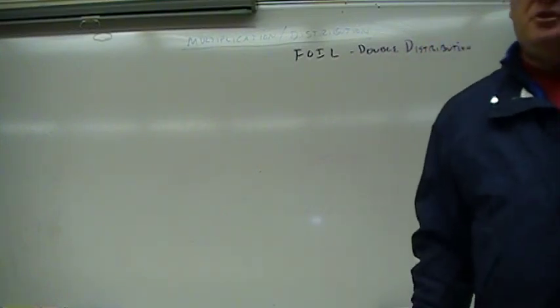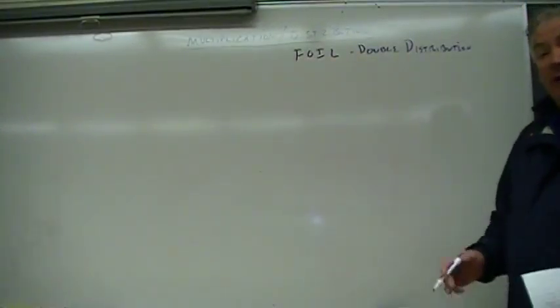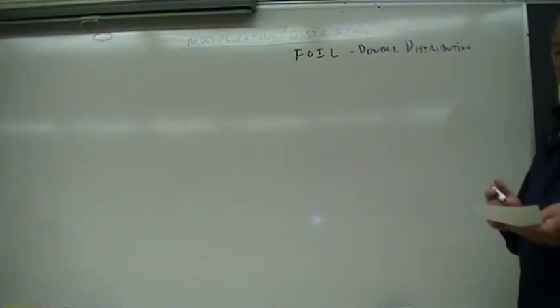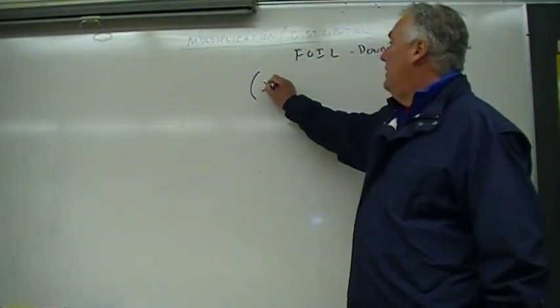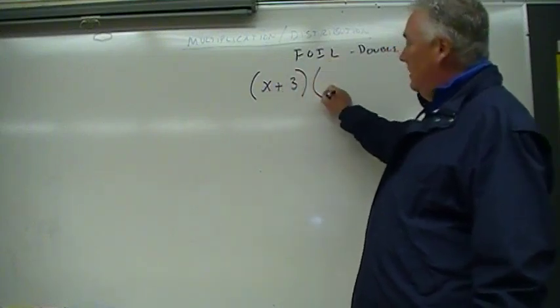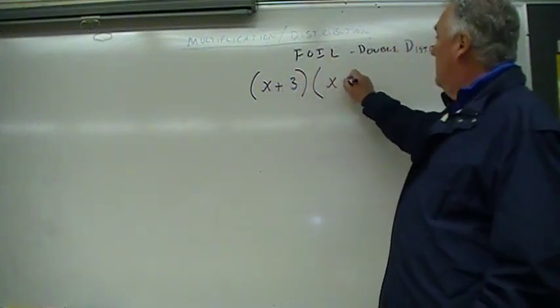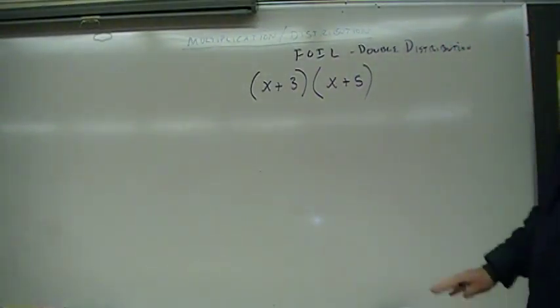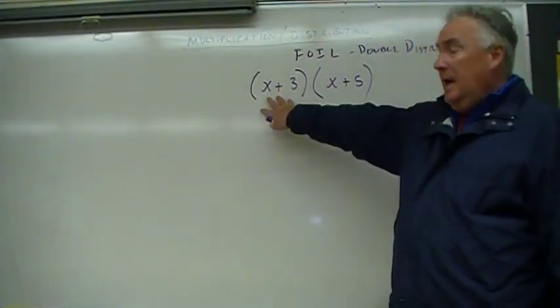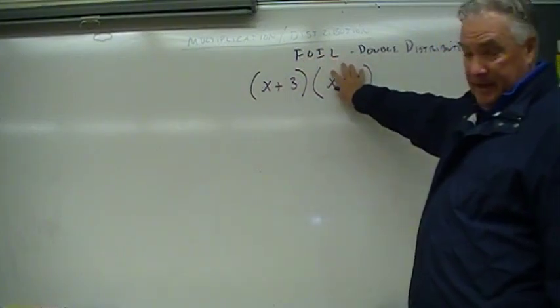That means you're going to distribute twice. And here's going to be the example. We did this one together last week, and before vacation in small groups, and it looks like this. X plus 3 times x plus 5. We're taking this and we're multiplying it by this.